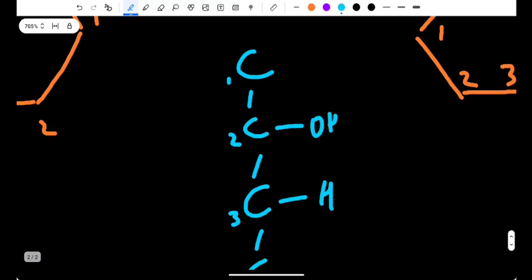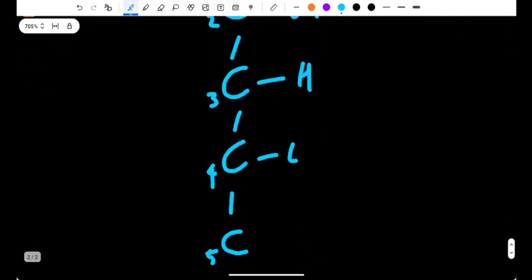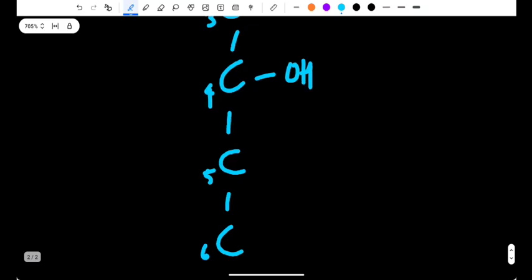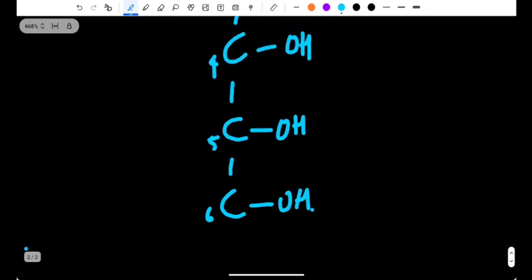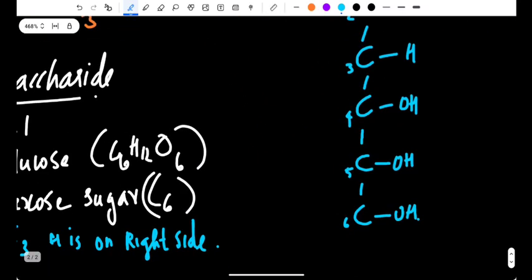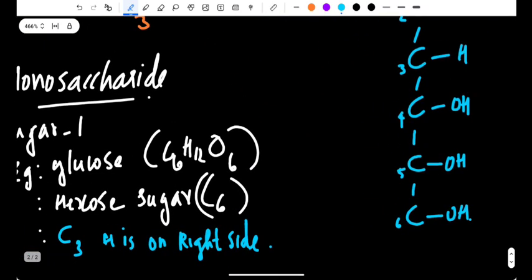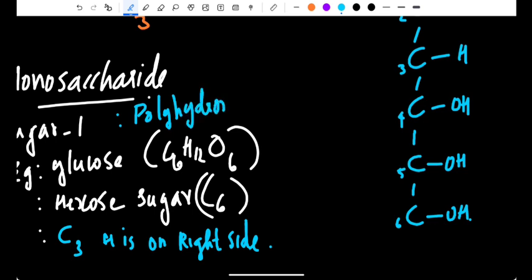Others all have OH, OH, OH, then OH. And one thing you need to remember about glucose is that it is a polyhydroxyaldehyde.